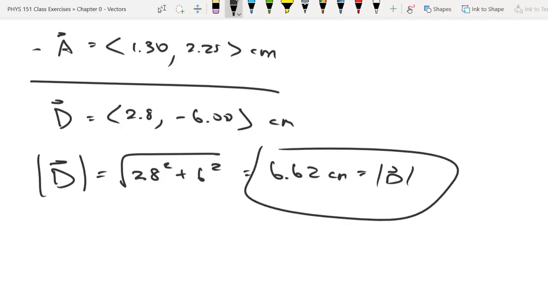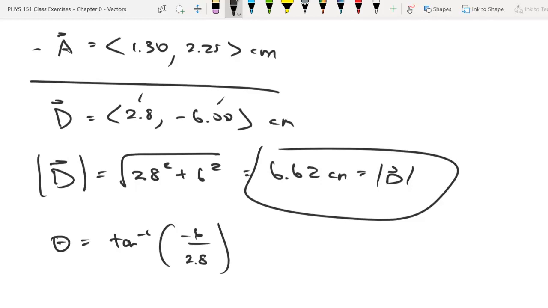And then for the angle it makes, theta, I will use the inverse tangent of my y component over the x component, so negative 6 over 2.8. Before I even do this, let me think about it. Positive x, negative y should be the fourth quadrant again, right?